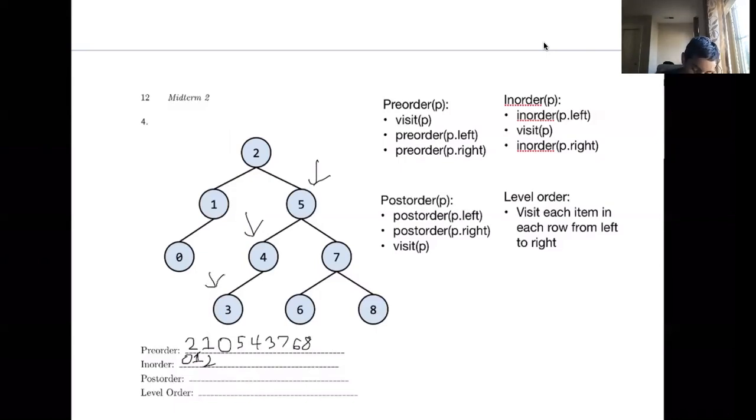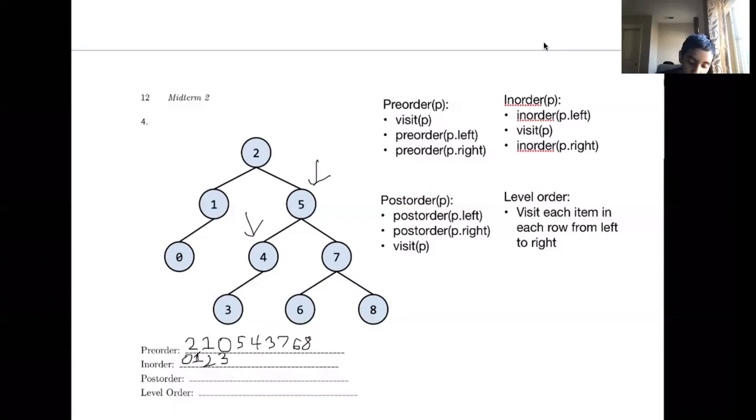As you can see, there are no children for 3, so we are done with the in-order traversal on the left of 3. Then we visit 3, and we write 3 here. Then we do an in-order traversal on the right children of 3, but there are none. So we are done.